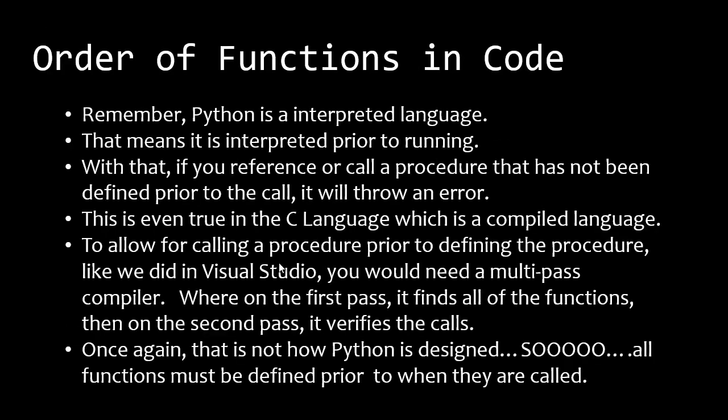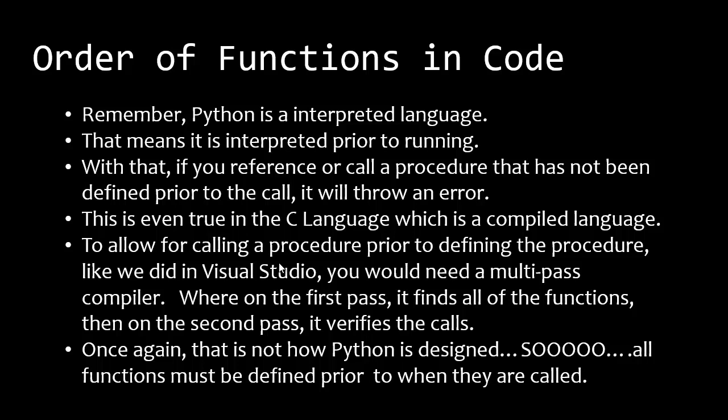All right, go back through here. The order of functions in code. This is definitely different than maybe what you have been experiencing so far in some of your first programming languages. Remember when we talked about a programming language can either be interpreted or it can be compiled. If it's compiled, it could be going through a major multi-pass type of compiler that goes through the code several times to make sure everything is there and what it's looking for.